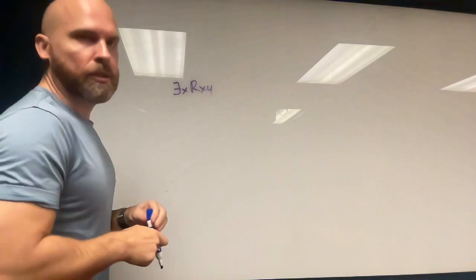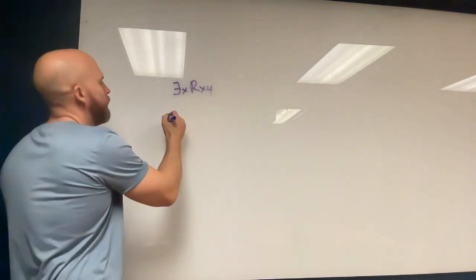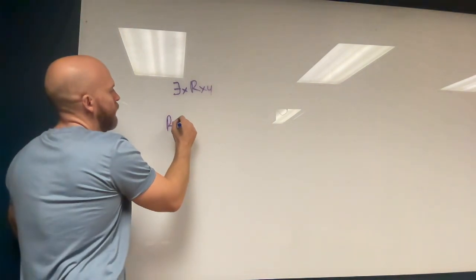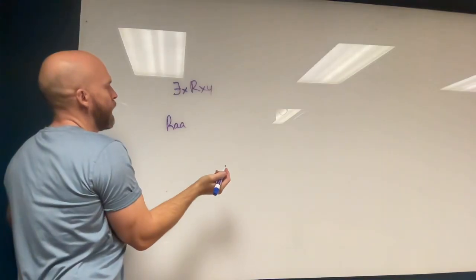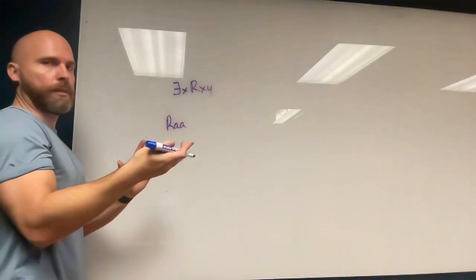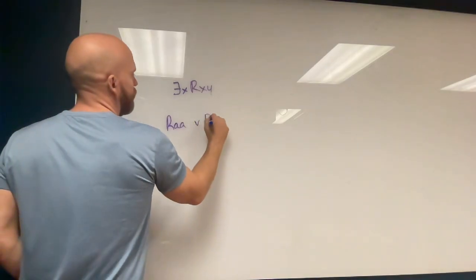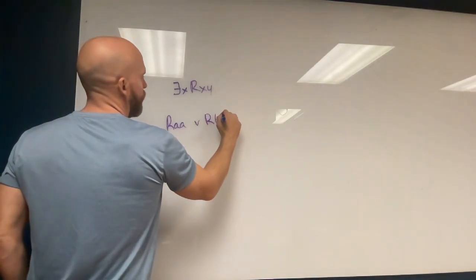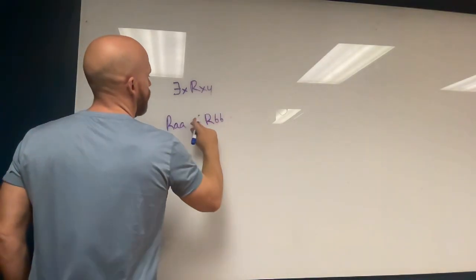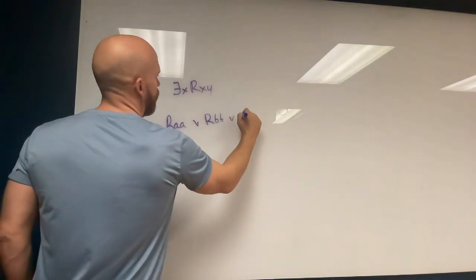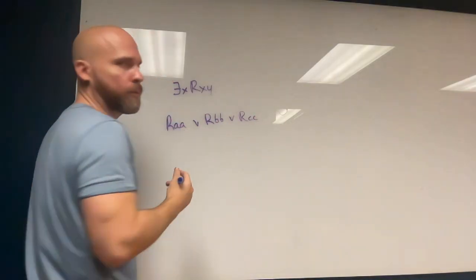But let's check just to see. This is a straightforward one. It's only really one step. You have to pick everything in the domain, one after the other in sequence. So what do we have? It's RAA, RBB, or RCC. Is any of that true?